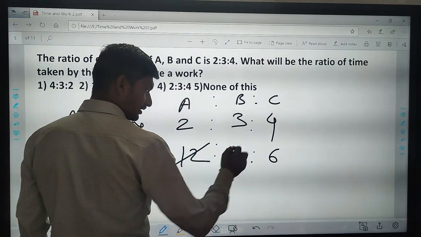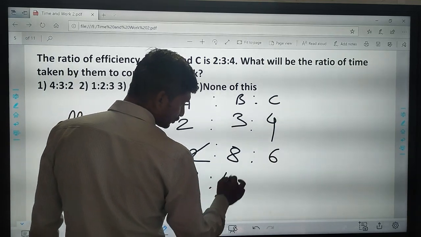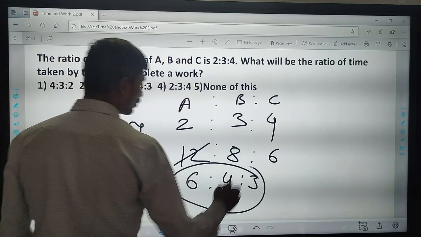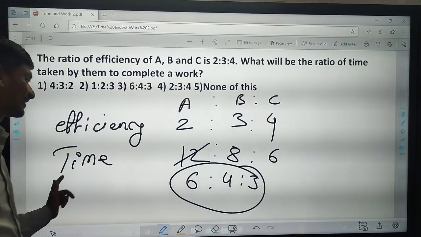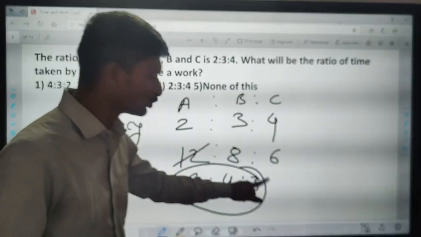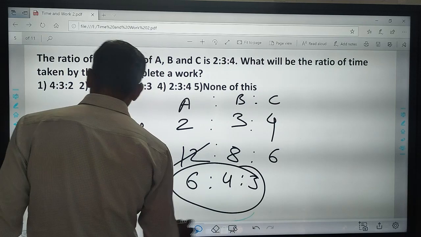Here we divide all by 2: 6 to 4 to 3. Then the ratio of time taken by A, B, C to complete the same work is 6 to 4 to 3.